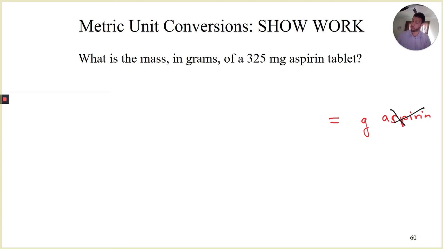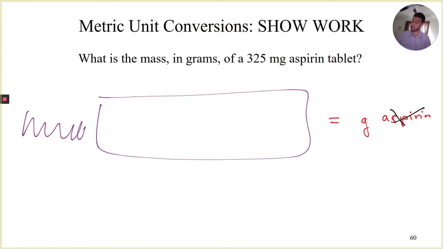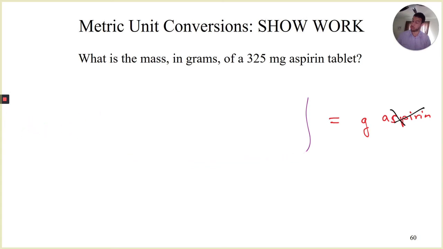The next part would be, what is the given information? In this case, it's that 325 milligram aspirin tablet. My recommendation used to be that we would write that on the far left and leave all of this empty space. The problem with that, from a logistics standpoint, is you don't know how many conversions you're going to have to run, which means your empty space could be way too large or way too small.